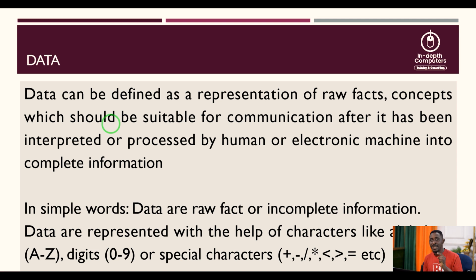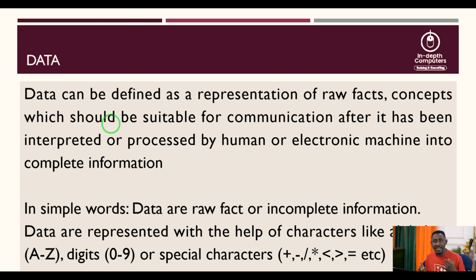In simple words, data are raw facts or incomplete information. Data are represented with the help of characters like letters. Data are incomplete; they become information after they have been processed, either by a computer or by a human.